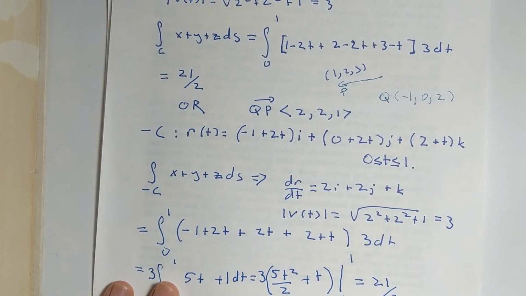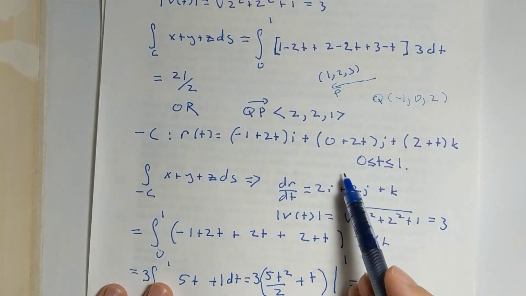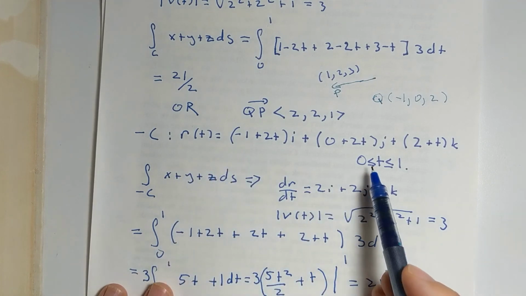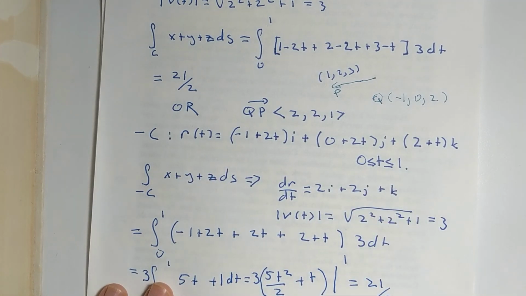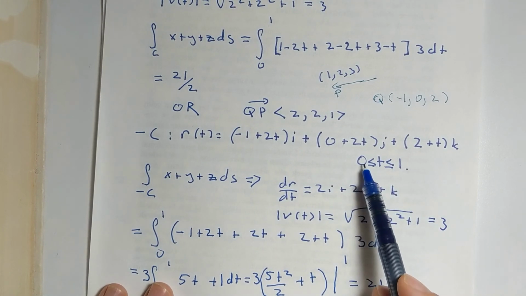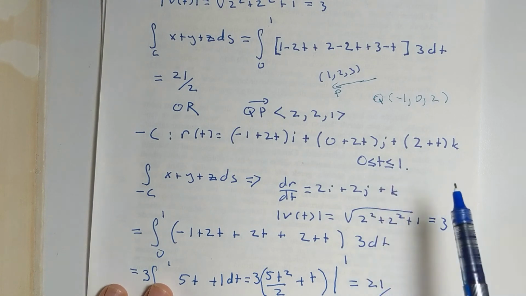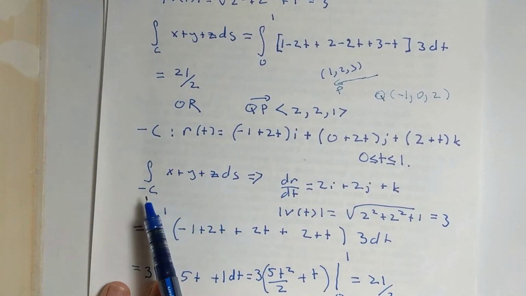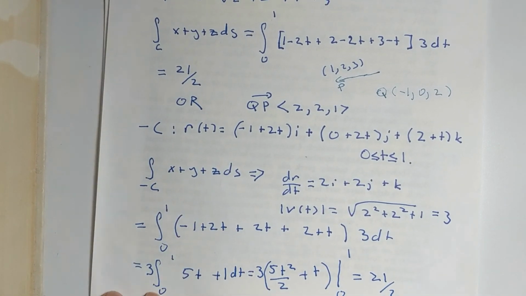Now what I'd like you to do, if we have some time, as an exercise, is get a parameterization of the same curve where t is between 0 and 2. When I do this over this curve, again we're going to get 21/2.